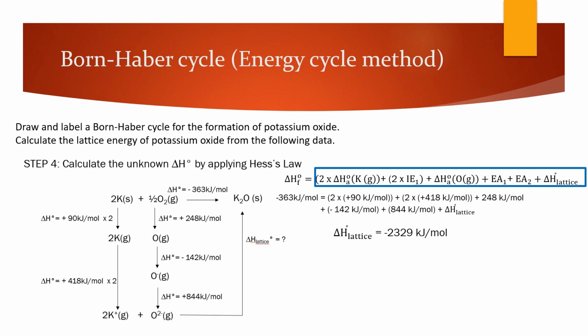Then we just need to substitute all the values, rearrange the equations to determine the lattice energy for potassium oxide, which is equals to -2329 kilojoule per mole. That's it. Thank you.